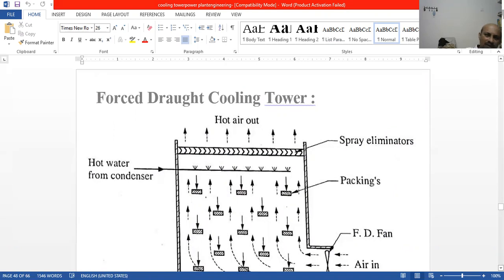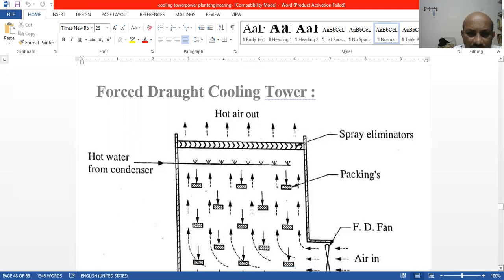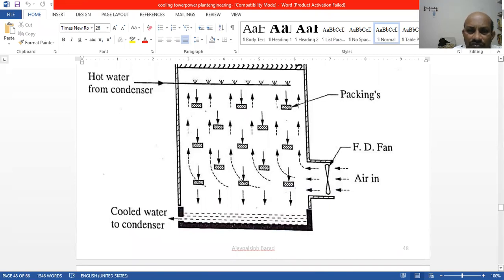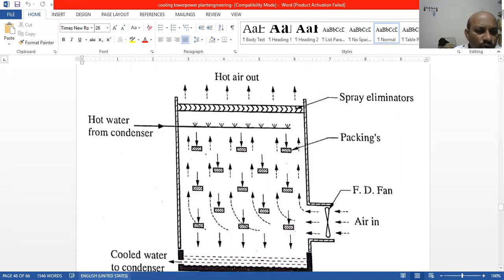The spray eliminators eliminate the hot air, and cool water collects at the bottom. Air enters and touches the water, the hot air goes out, and we send the cool water into the condenser. Here we use a big fan.